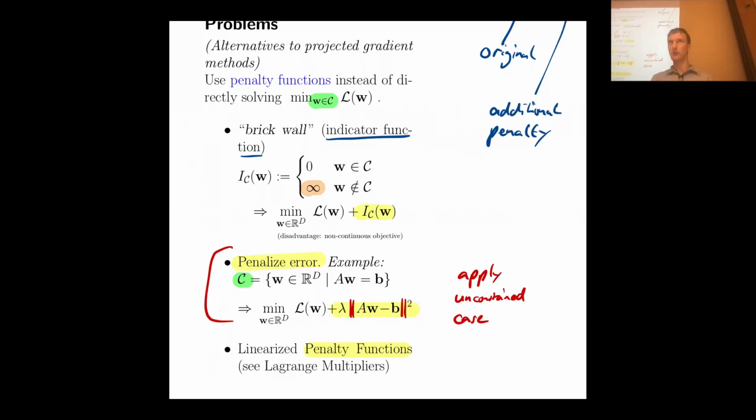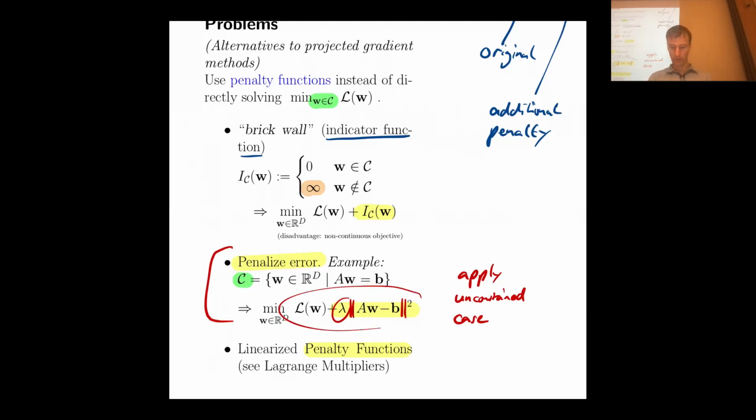Because then you can keep using your unconstrained optimizers, and you just make a large lambda value if you want the system to respect your constraint better. It's not going to respect your constraint perfectly. It's not going to give you 0 here, but it's going to give you a small value if you make a large lambda, and if you then optimize the joint problem well enough.